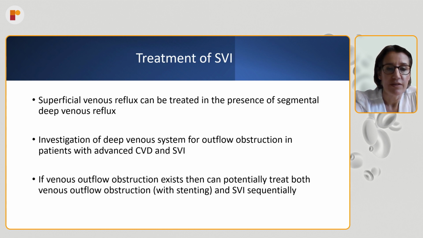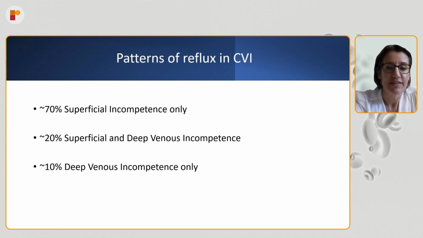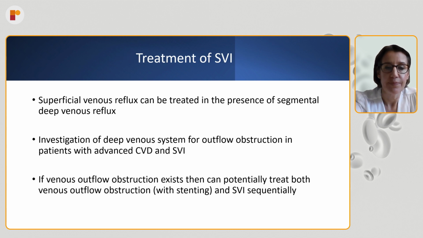So the patterns of reflux in chronic venous incompetence occur approximately in 70% in the superficial veins only, 20% in a combination of both superficial and deep venous incompetence, and approximately 10% in just the deep veins. So superficial venous incompetence can be treated in the presence of segmental deep venous reflux.